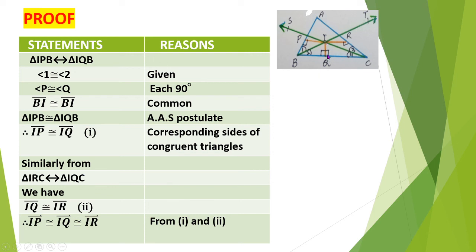Therefore, IQ is also congruent to IR, and as IQ is also congruent to IP, these three sides are congruent: IP is congruent to IQ is congruent to IR. As this is the point of intersection, it has equal distance from these three sides. This is the whole thing we have to prove in this theorem.